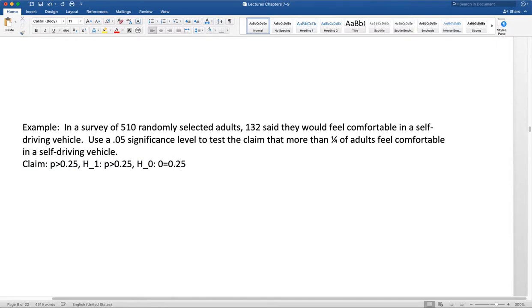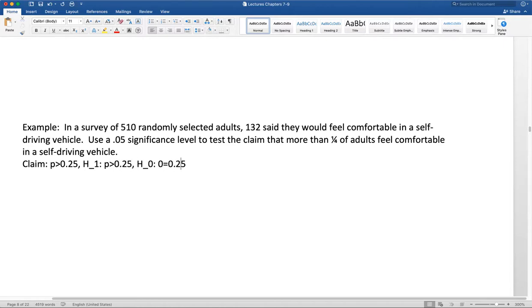Did you figure out why H sub 1 is this? Because p is greater than 0.25, the opposite of this is less than or equals. The opposite of that inequality contains the equal sign, but H sub 1 should not include the equal sign, so we choose the claim p is greater than 0.25.